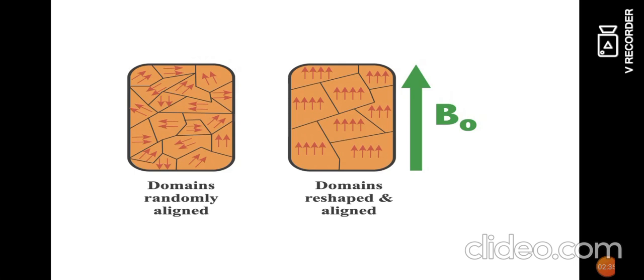But when we see the second figure, when the external magnetic field B0 is applied, all the ferromagnetic domains will be rotated so that the magnetic dipoles present inside the material will be aligned with respect to the direction of the applied external magnetic field. So this figure clearly indicates that the magnetic dipoles will be aligned in the direction of the external magnetic field.